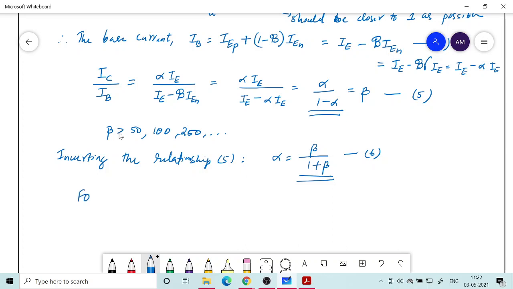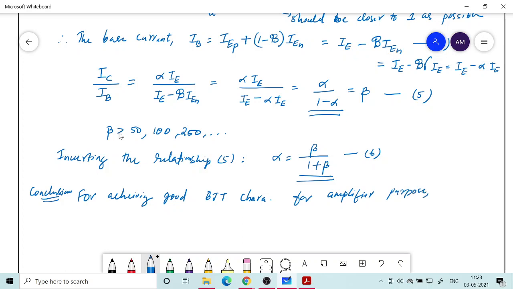So our conclusion is, for achieving a good BJT for amplifier purpose, alpha should be close to 1 and beta should be very large.